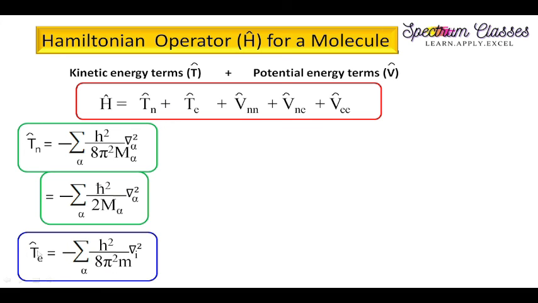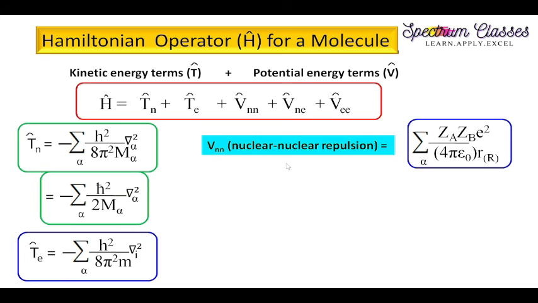And the kinetic energy operator for the electron is again given by this type of representation. Here all the terms have their usual meaning, and this del i operates on the electronic term, and this small m represents the mass of the electron.